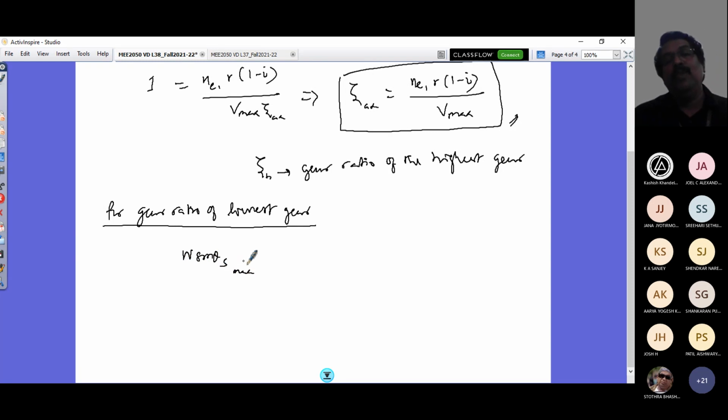A vehicle with full load negotiating a 33% grade would be the basis for deciding the lowest gear. At that time, if my vehicle is running at higher speeds, say around 90 kilometers per hour, it should be able to clear a gentle grade of 0.3%. So I should have a small slope at that time.